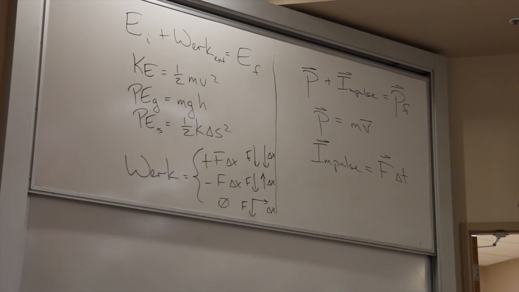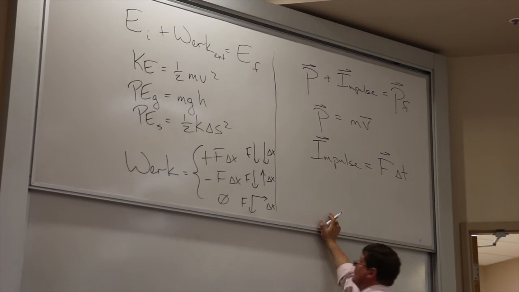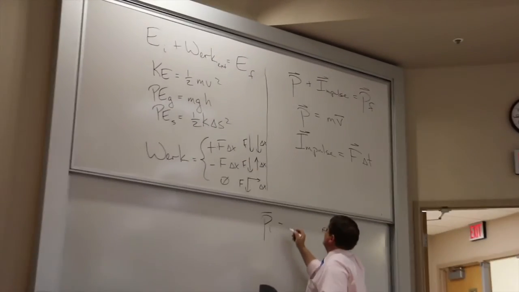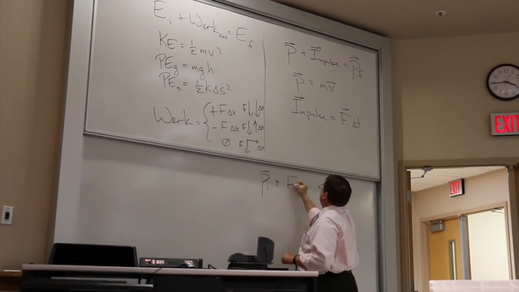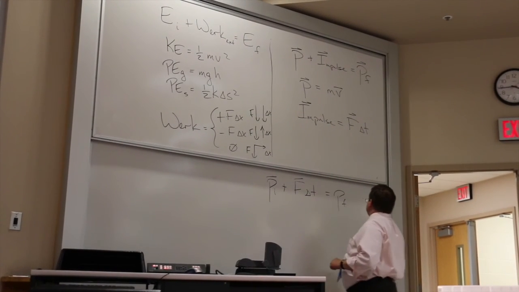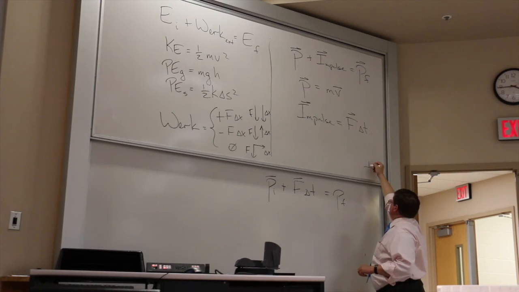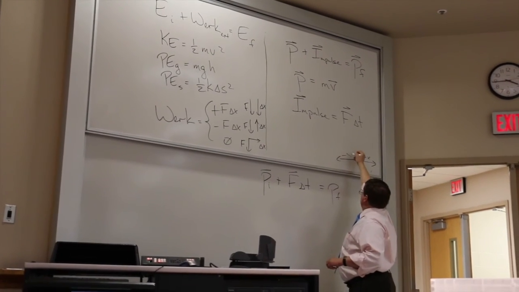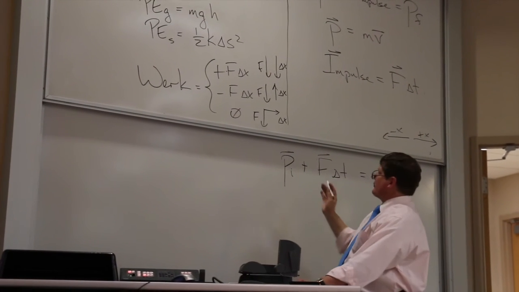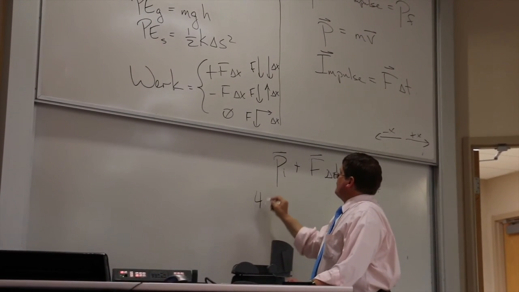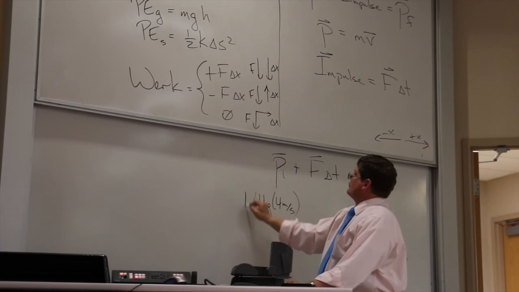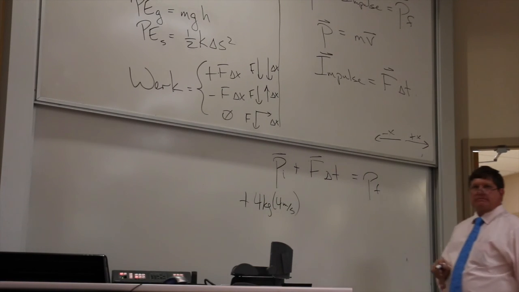In that case, I have to use the general equation here, and that's going to be P initial plus my force delta T is equal to P final. I need a coordinate system. My initial momentum before it starts scraping is going to be 4 kilograms times 4 meters per second, and it's to the right, so it's positive.